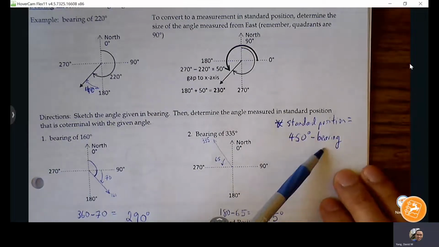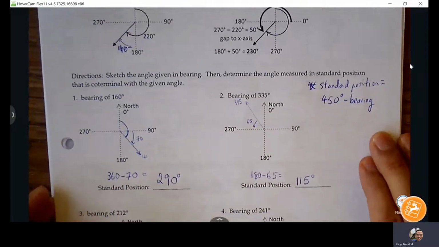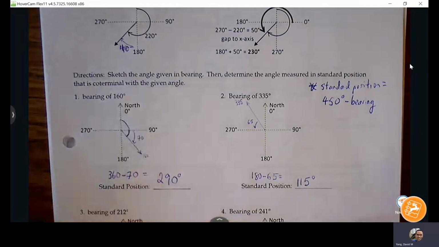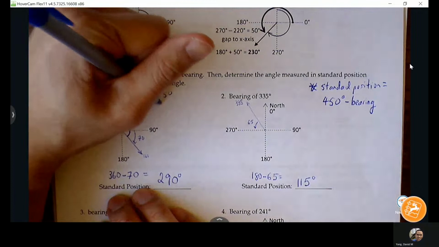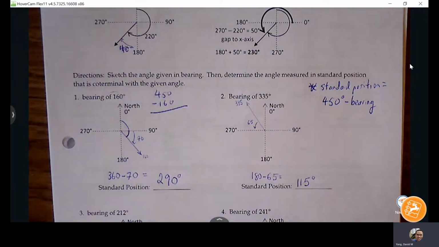So 450 minus the bearing will give us the same thing as if we were to draw everything out. Okay, so let's practice that here. If I do 450 minus 160, because this is bearing, I'll get the same answer, right? 290 degrees.